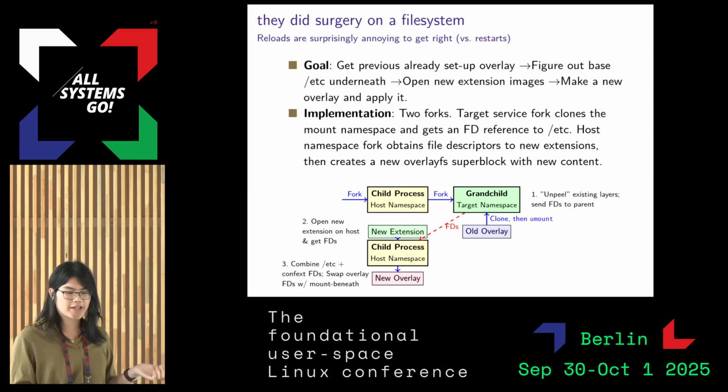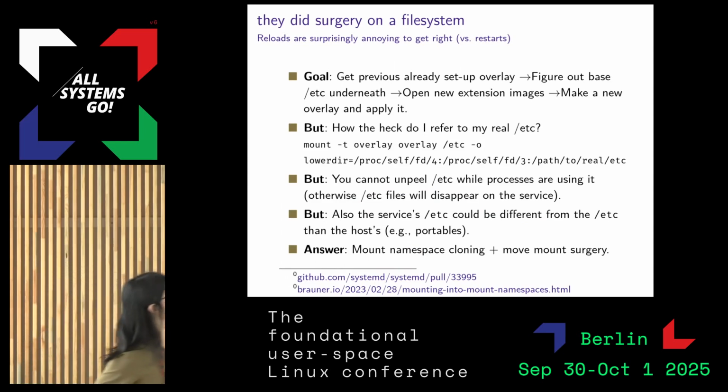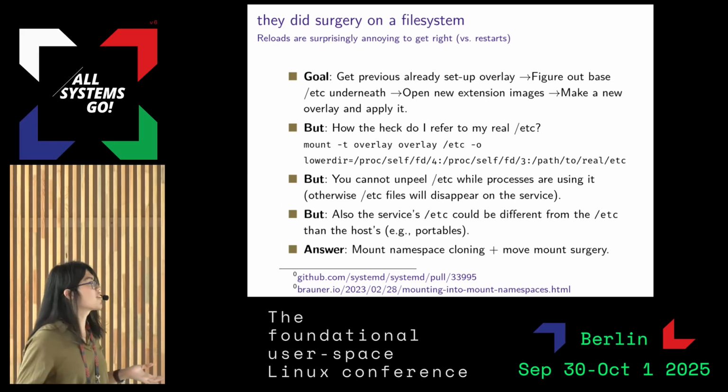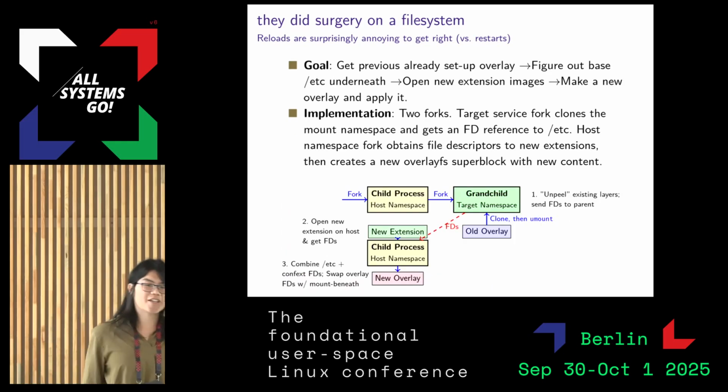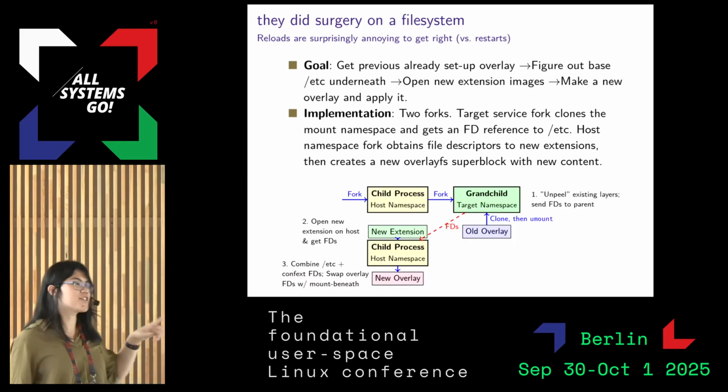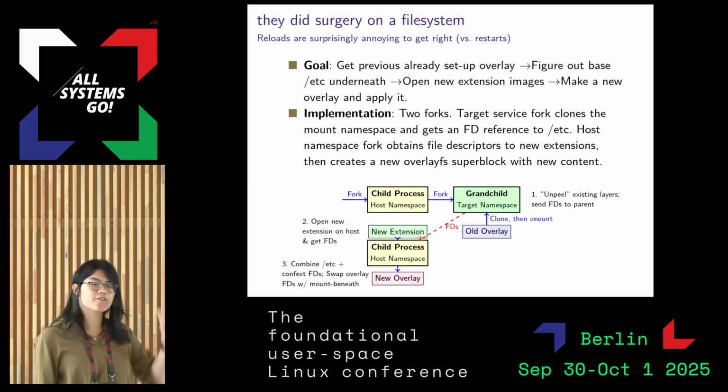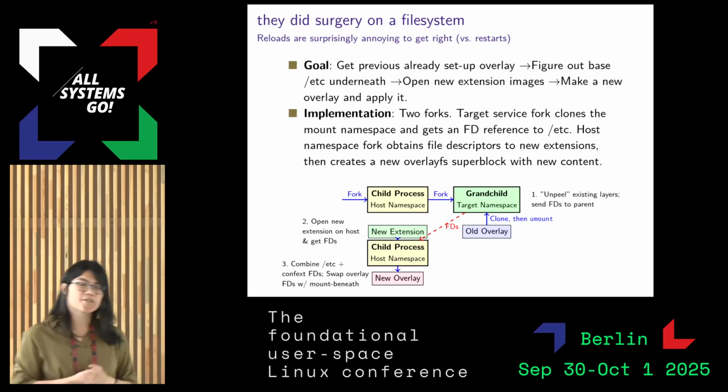Now, remember, from the previous slide, you can see that you can actually just refer to file systems by their file descriptors, which was really handy here because it means that you can fetch the FDs of whatever you unpeeled, and you can basically just pass them around between processes.